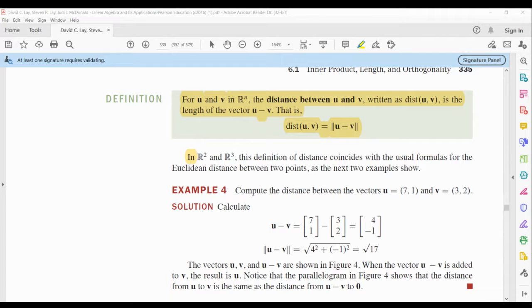Now, let me show you this graphically. Let me bring up the whiteboard here.